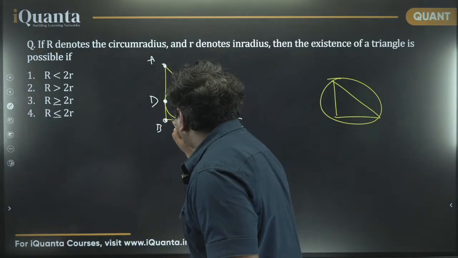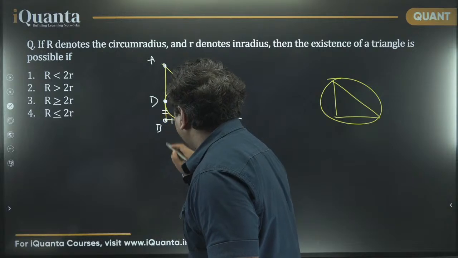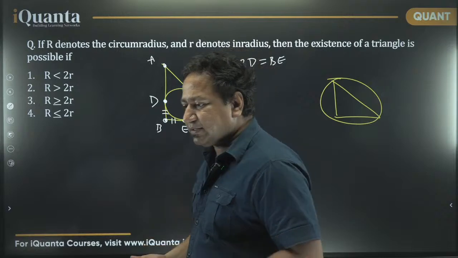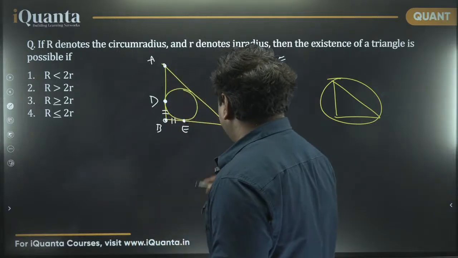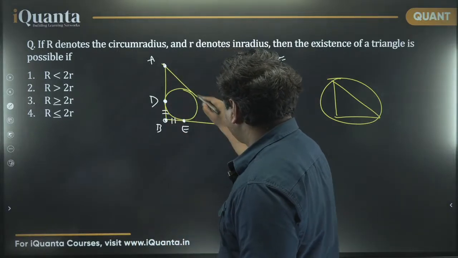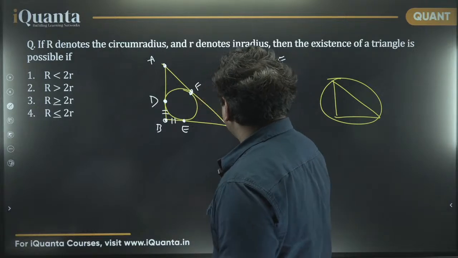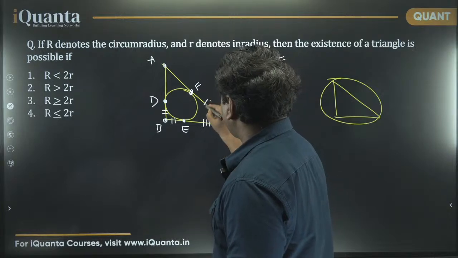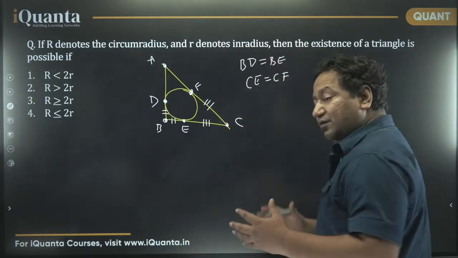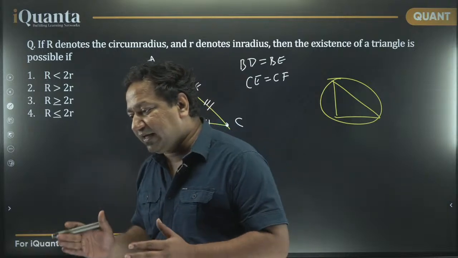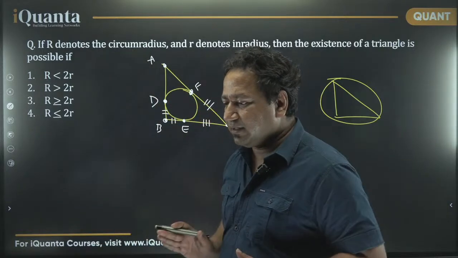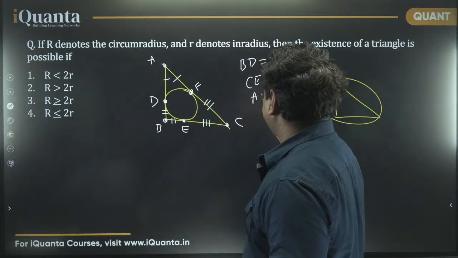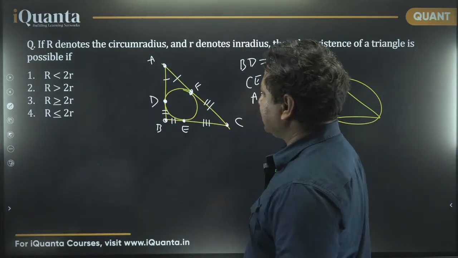So this and this will be equal, isn't it? BD is equal to BE as the tangents from the same point. Yes. Similarly, from C, if this is F, CE and CF will also be equal. This is from the property that from a common point, the length of tangents to a circle is always the same. And the same will happen here as well. AD will be equal to AF. Is that right?